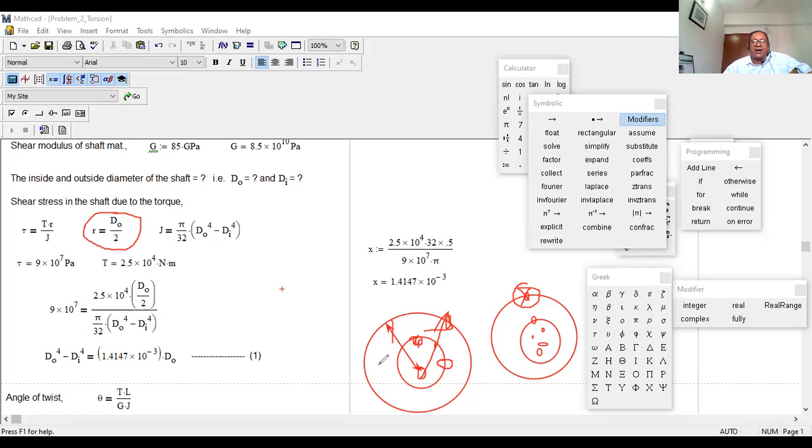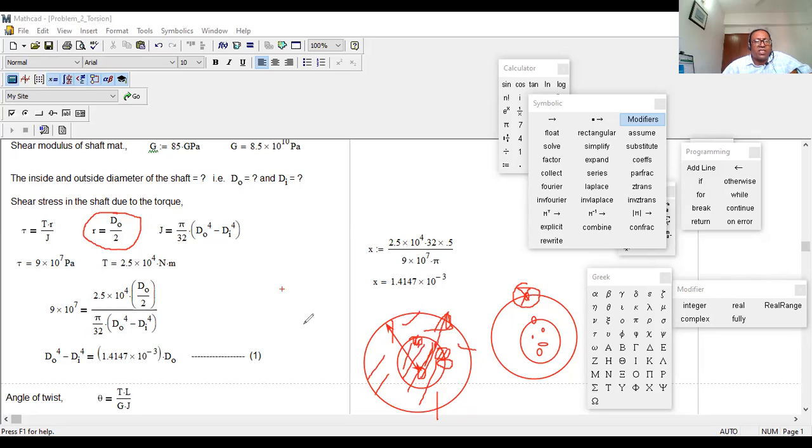The outer hollow shaft is made of steel, the inside one made of aluminum. I give the allowable, and I can say figure out the torque such that the maximum shear stress in the inner shaft will be this much. Then you need to go with that one.